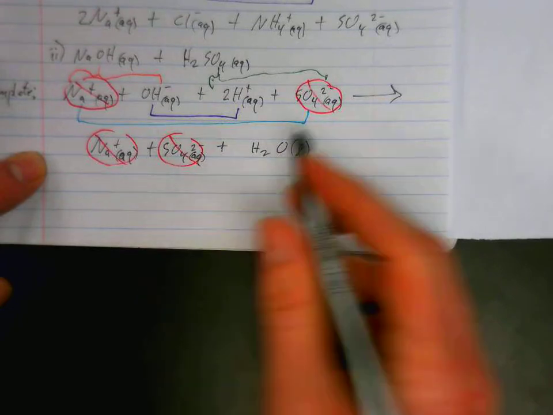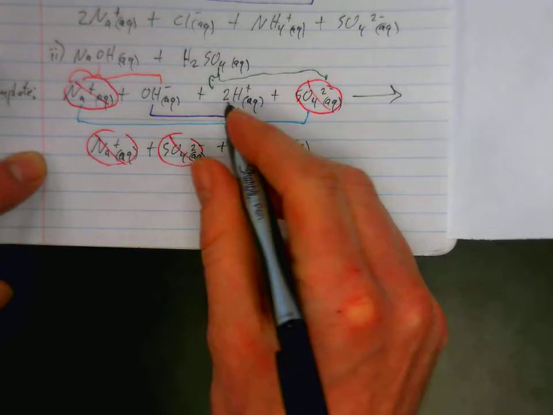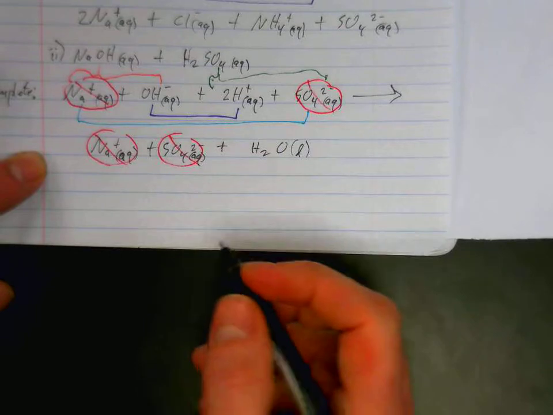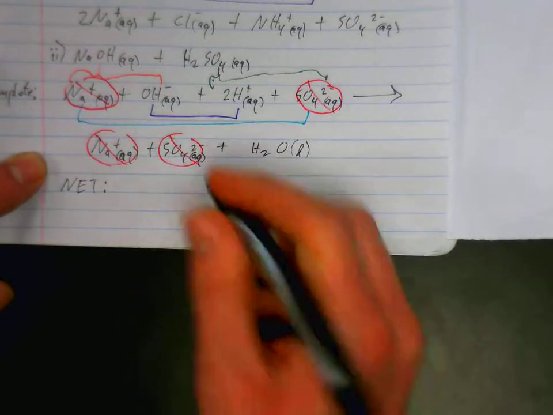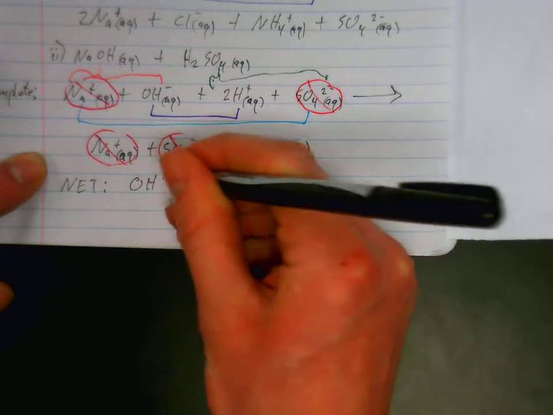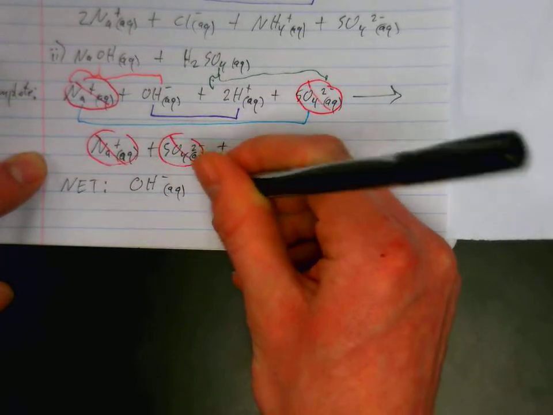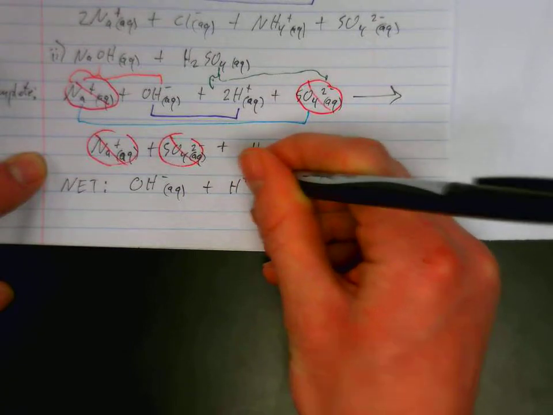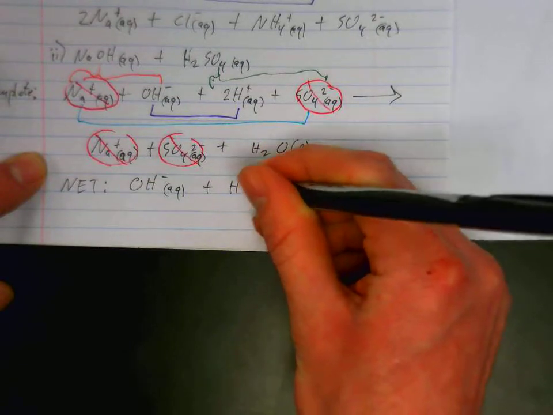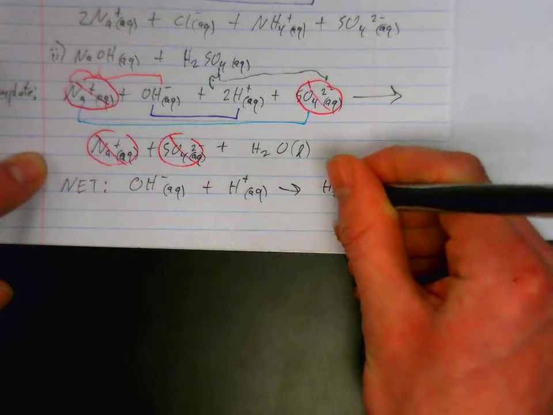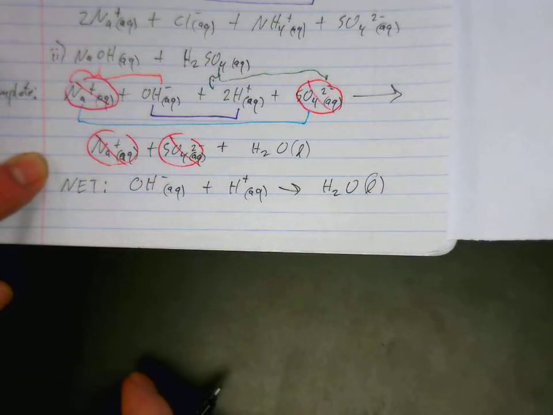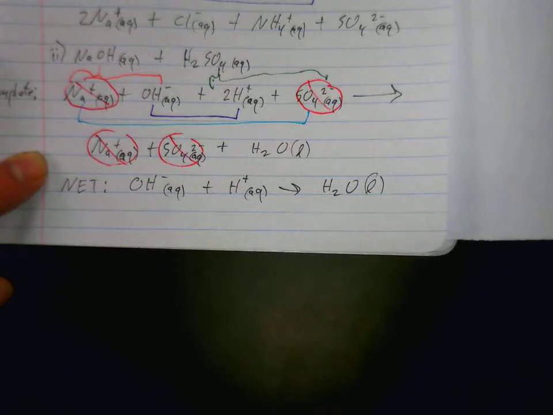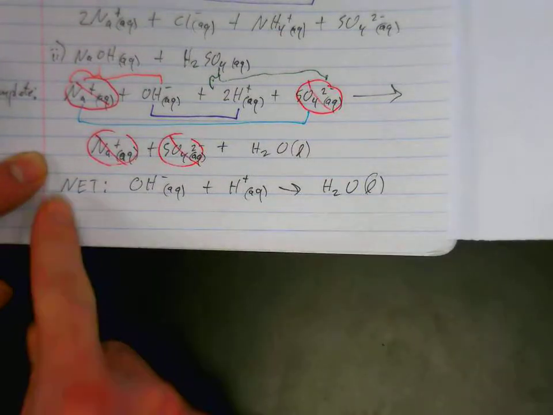In our net ionic equation, we'll actually need to take out this 2 coefficient for the hydrogen. And we have this, an OH hydroxide combines with 1 hydrogen ion to make H2O liquid. And there we go. We have our net ionic equation showing this reaction.